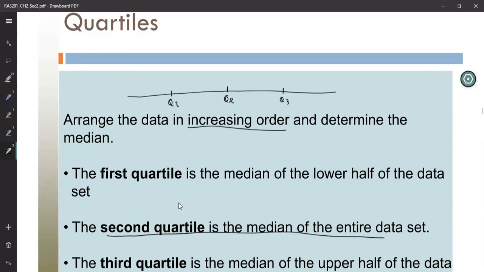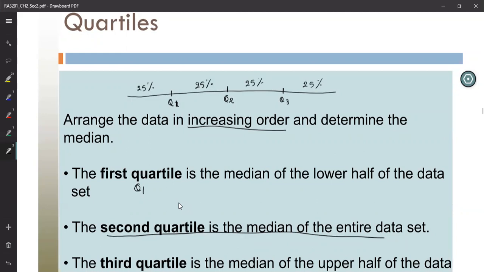Which means your whole data set will be divided into quarters. That's why they are called quartiles. You divide the whole data set into exactly 4 parts, each containing 25% of your data. The first quartile, usually denoted Q1, contains the lowest 25% of the data. Between Q1 and Q2, you have the next 25% of the data.